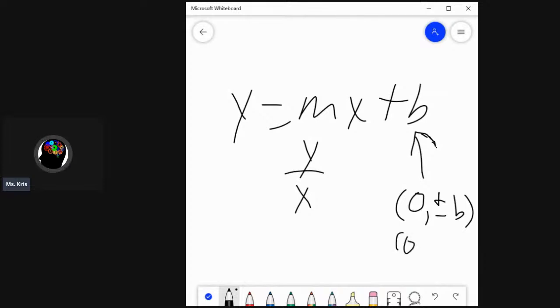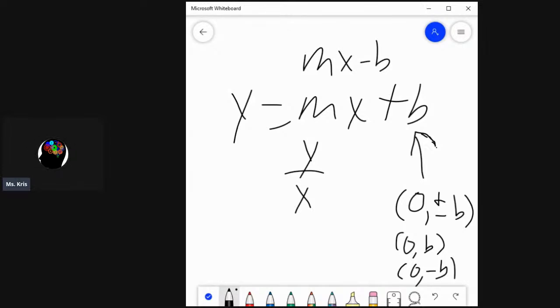So either it's going to be 0, comma b or 0, comma negative b. It all depends on if your slope intercept is plus b or minus b. Minus b is a negative intercept, plus b, positive intercept. Got me?